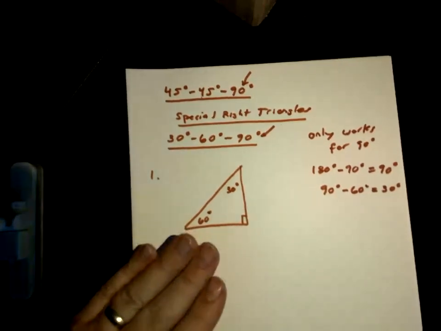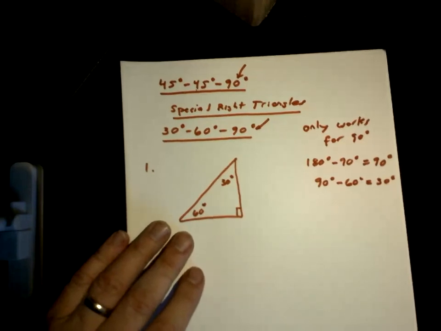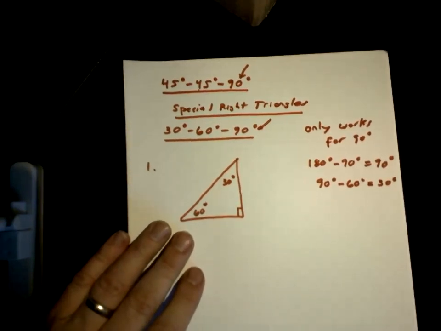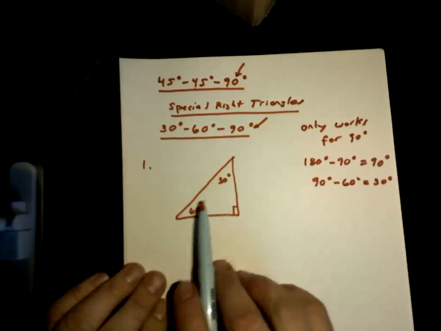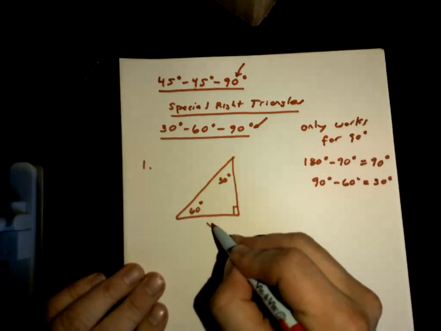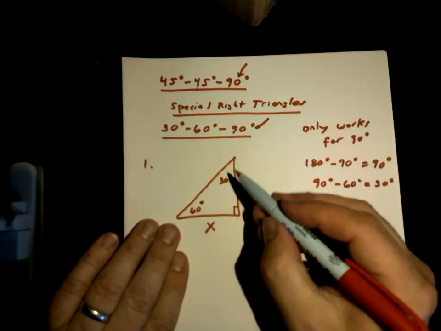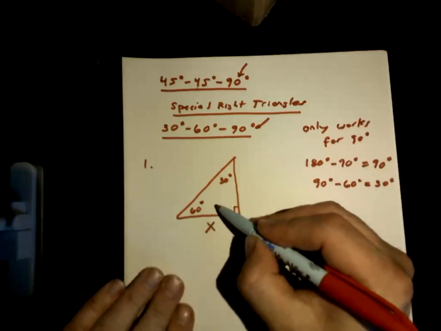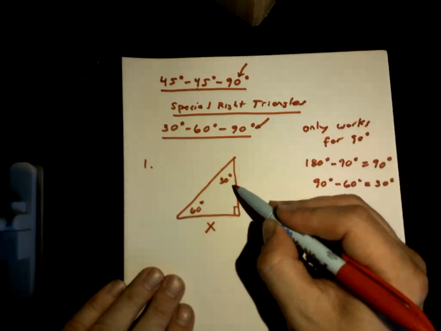Now, going through this, you have to be very careful here. So if this is a 30-60-90, let's say this is x, the smallest side. Obviously, this has to be the smallest side because it's across from the smallest angle.